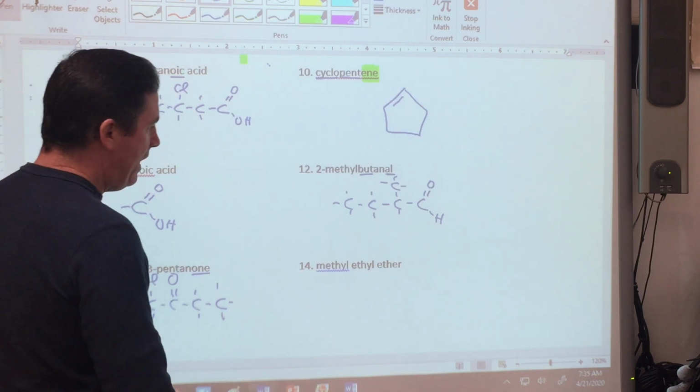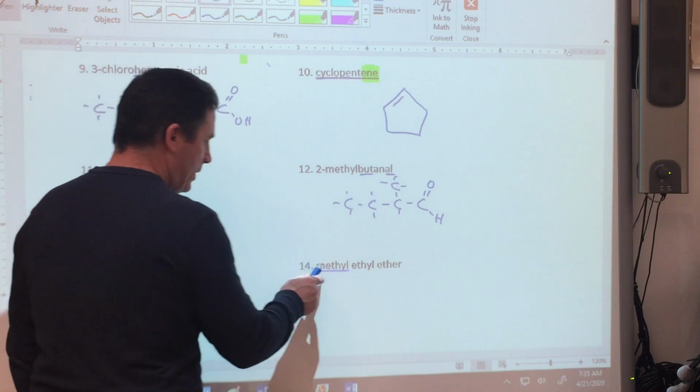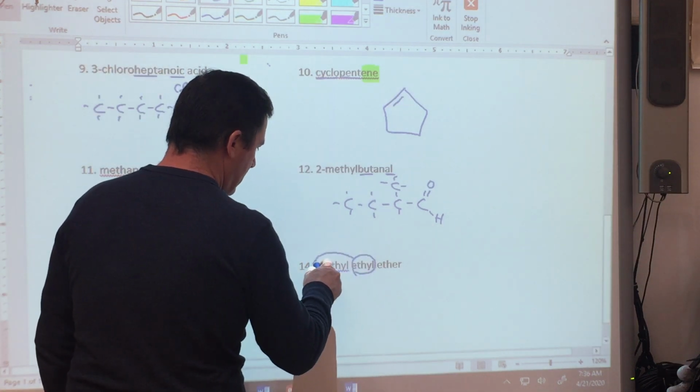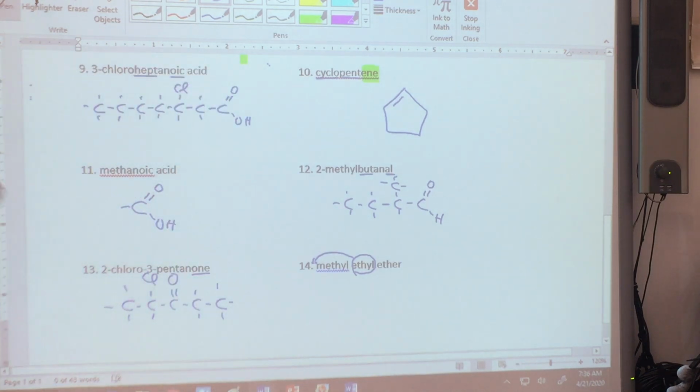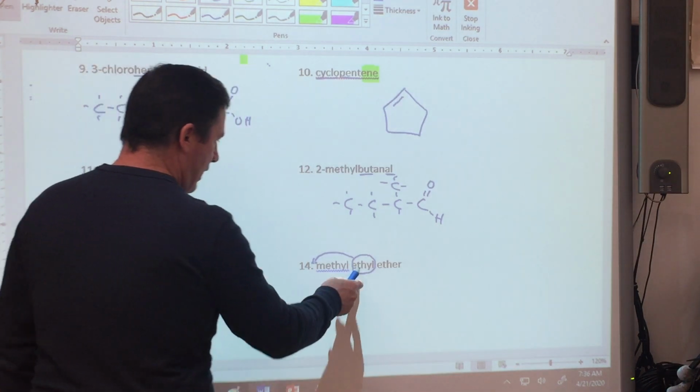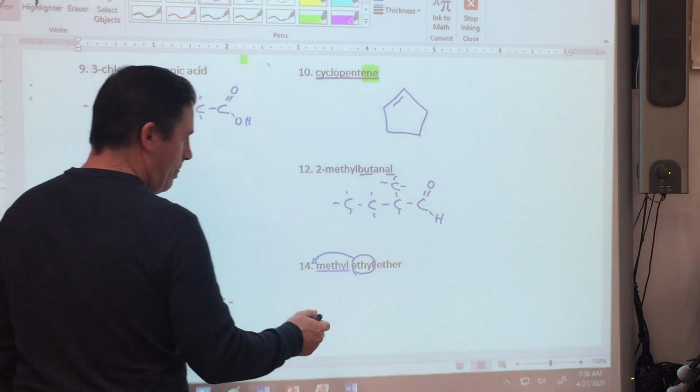And lastly, methyl ethyl ether. This is where the error is. It really should be ethyl methyl ether, because when we do ethers, the naming goes alphabetical. So that's my fault. Ethyl methyl ether, first the ethyl and then the methyl.